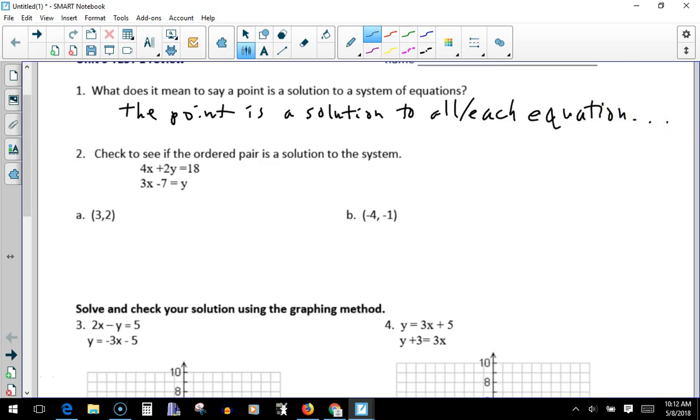In other words, on each line. So if you're talking about 2 or 3 lines, it's the intersection of said lines.